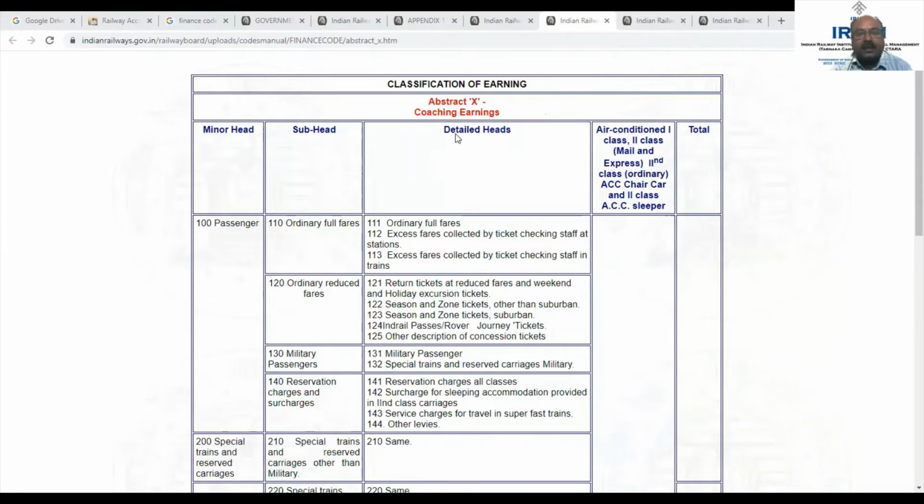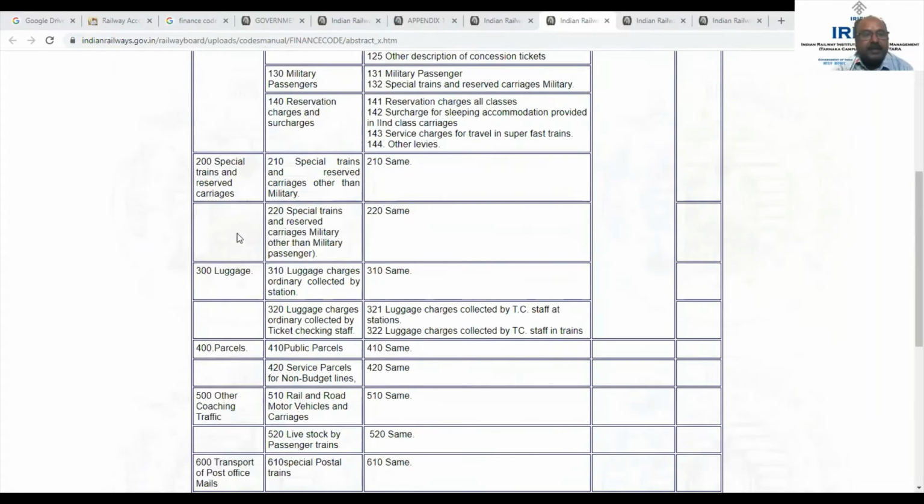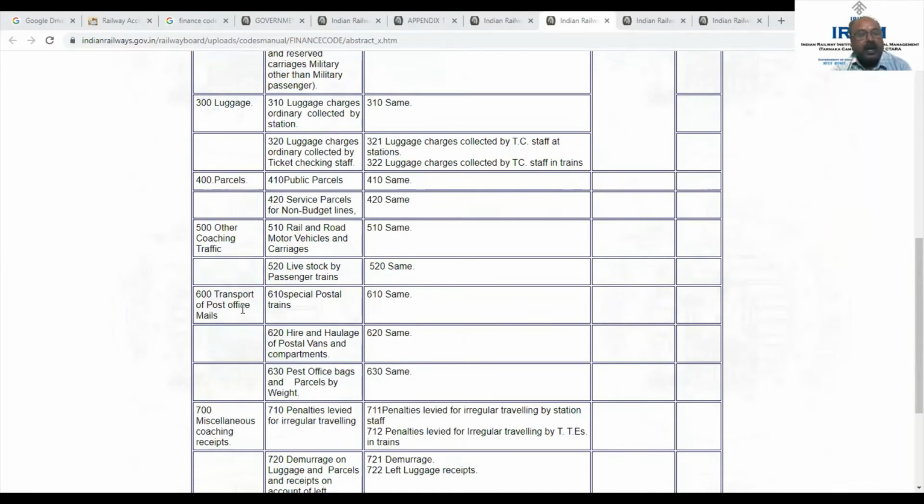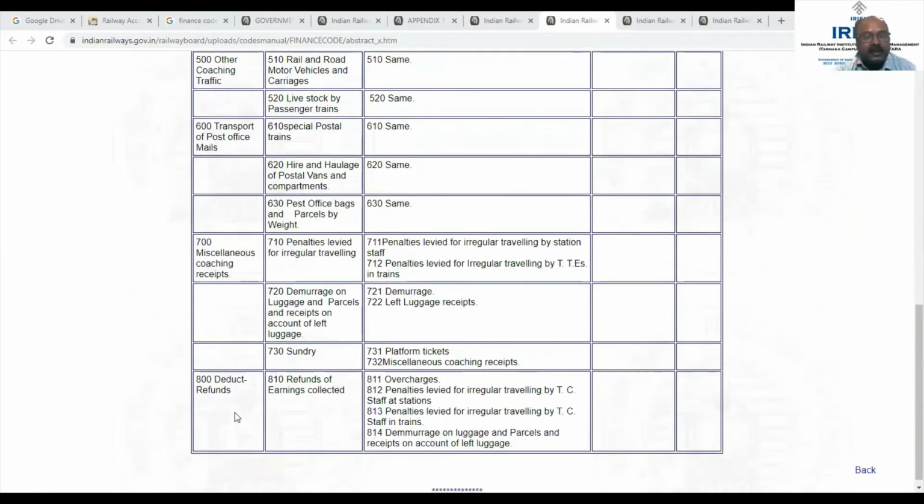See here this coaching earnings: it is the passenger earnings and special trains, luggage, parcels, other coaching and transport of post office mails, miscellaneous coaching receipts. Here refunds come under the 800 subhead, like recoveries and credits in the 900 subhead for revenue demands.